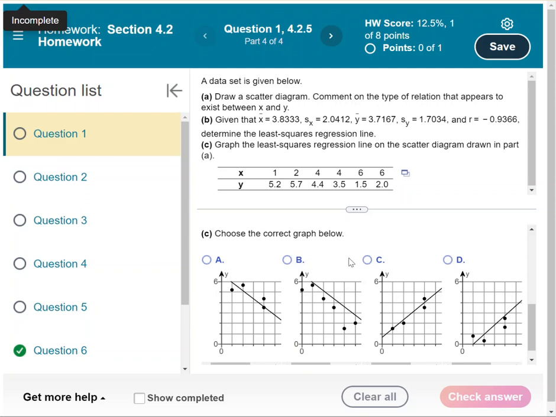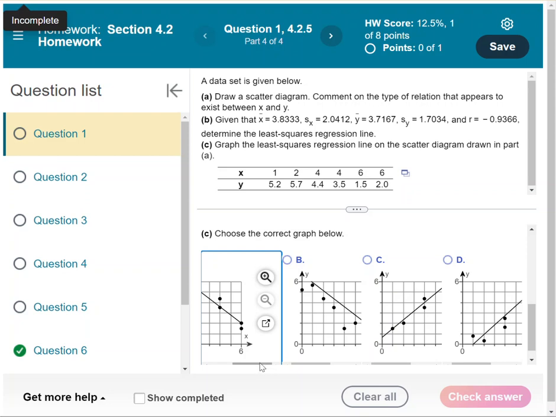Alright, and then choose the correct graph below. Well, these were our points. Again, we can't see the whole graph, but there it is. And so it's got to be this one here. Those are the same points we picked in graph A. Oops, got to choose it though.